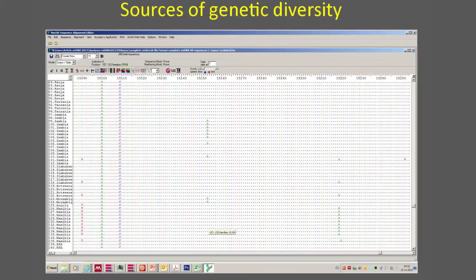If we want to see what the variable positions are, the point mutations, you can show it like this. You see that the point mutations are highlighted now. There's a long row of A's and C's, so we know that this is a variable position. Some individuals have one base pair, other individuals have another base pair. So these are the changes on the single base pair level.